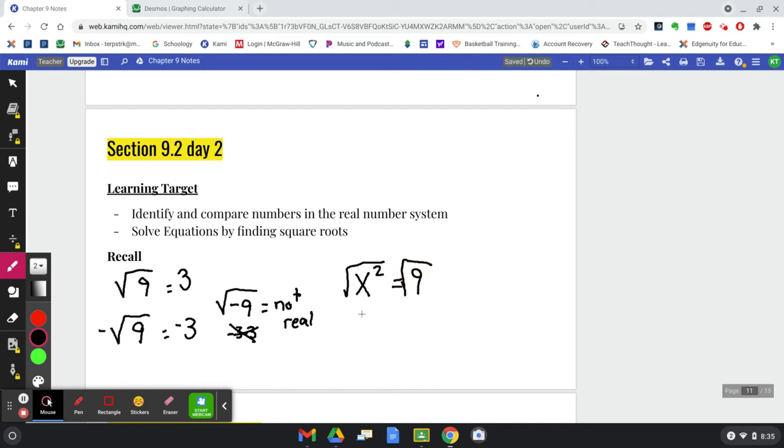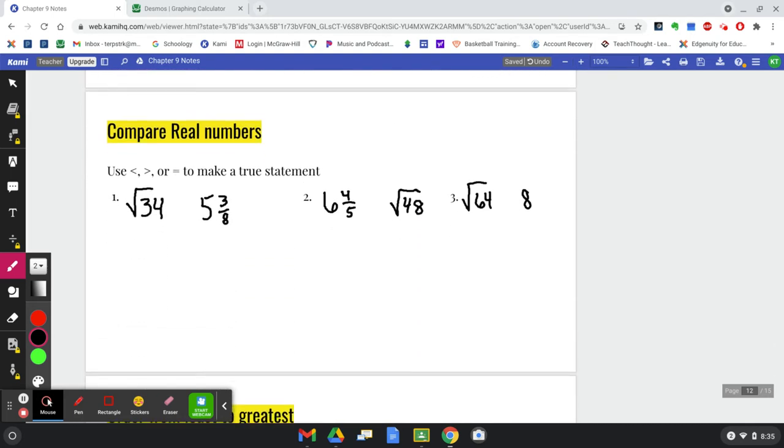When I square it, it's equal to 9, and that would be both 3 and negative 3. If we think about that original equation, if I did 3 squared, I get 9, and if I did negative 3 squared, I also get positive 9. So when we solve today, we're going to be finding two solutions to our equation.